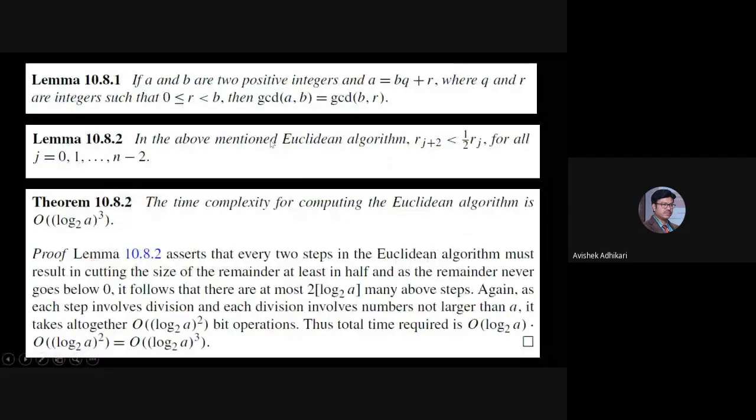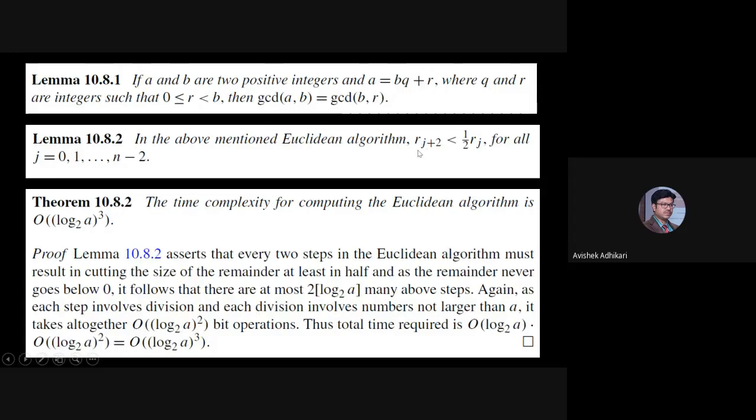This whole derivation is done in my book, so if you are interested, math students must do it, and then they will realize why the Euclidean algorithm is a polynomial time algorithm. The next important observation is that in the Euclidean algorithm there are different r's.